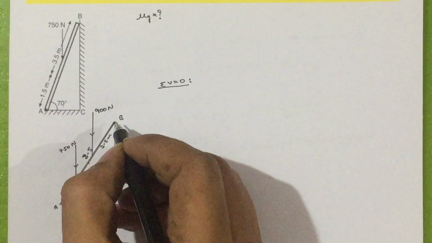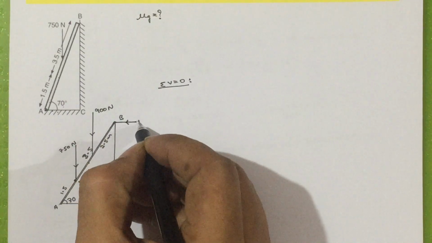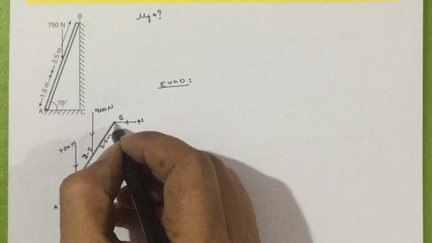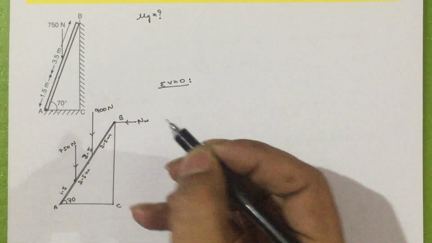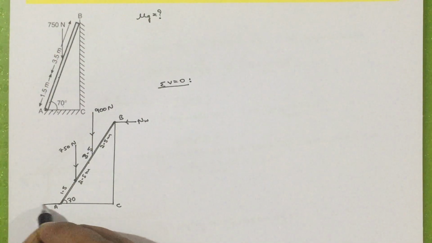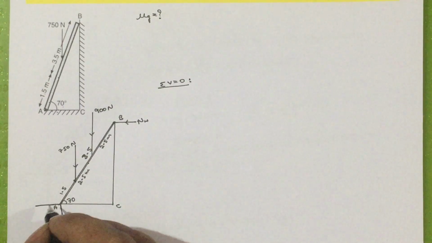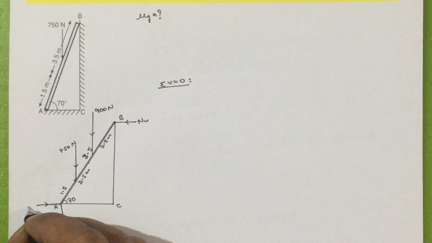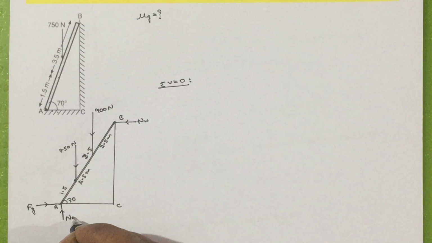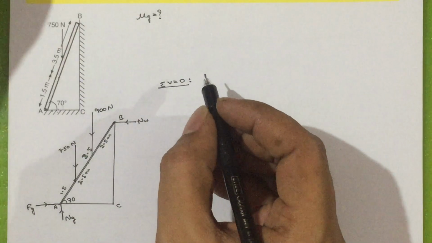At the B point, since the wall is smooth, we get only the normal reaction, which we call NW, the normal reaction at the wall surface. Then at A we get one horizontal and one vertical: the horizontal one is the frictional force Fg at the ground, and the vertical one is the normal reaction Ng at the ground.